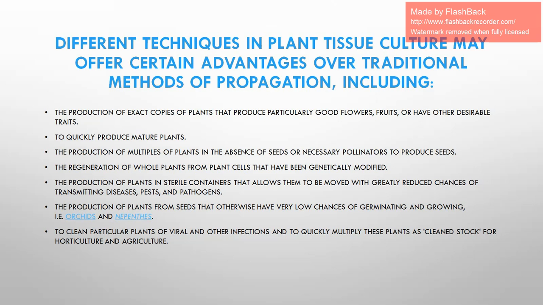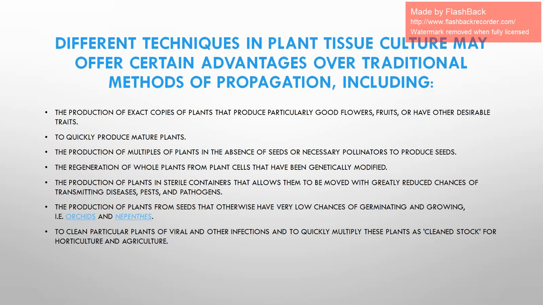Then let's see the next point, that is to clean particular plants of viral and other infections, and to quickly multiply these plants as clean stocks for horticulture and agricultural practices.